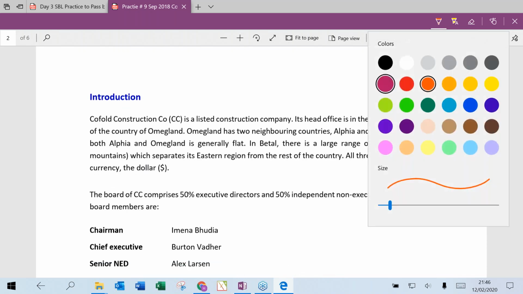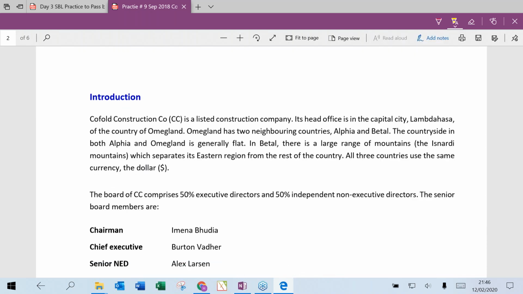Introduction. Cofold Construction is a listed construction company. Its head office is in the capital city L of the country of Omegland. Omegland has two neighboring countries, Alfia and Beetle.